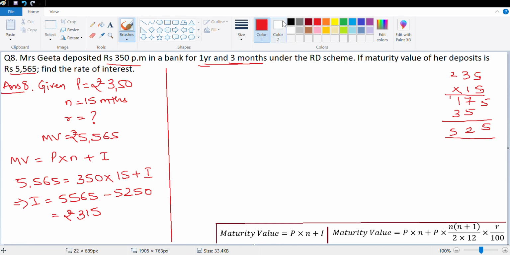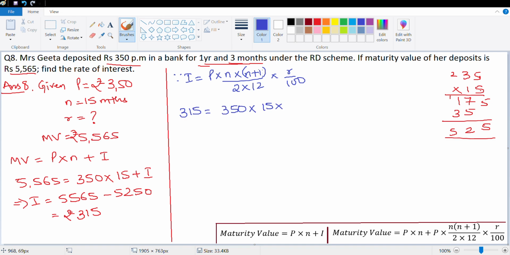And we know the formula for interest. Interest is equal to P into N into N plus 1 upon 2 into 12 multiplied with R upon 100. Let's substitute values. So interest is 315, P is 350 into N, in this case 15, multiplied with N plus 1, in this case 16, upon 2 into 12 multiplied with R, which we don't know, upon 100.